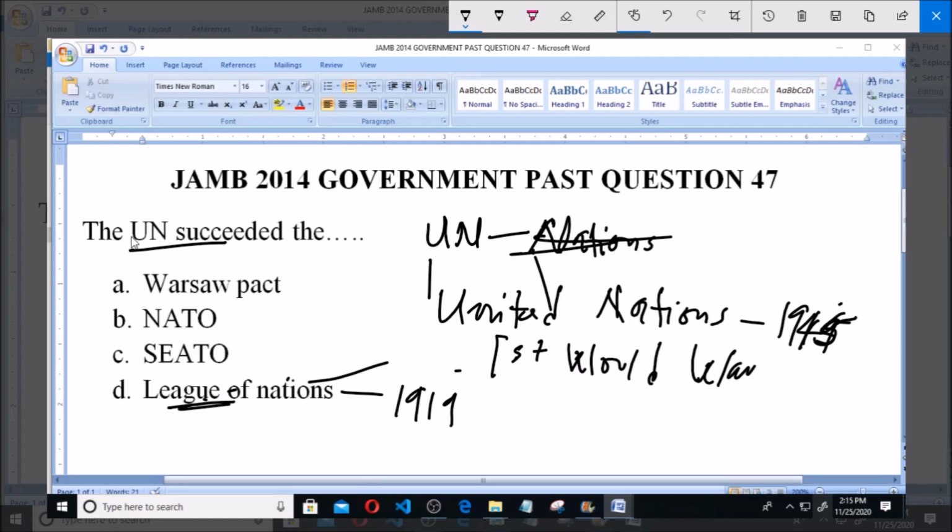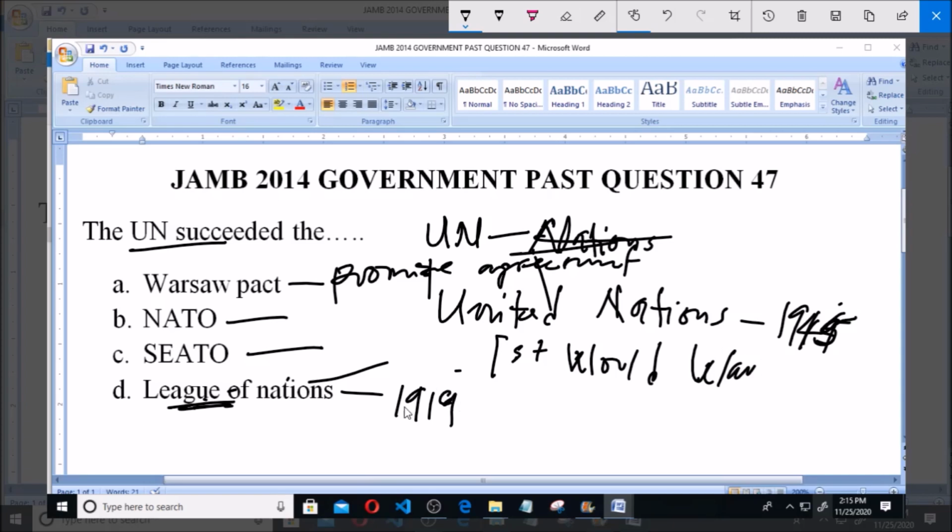So the UN succeeded League of Nations, not Warsaw Pact, which means promise agreement. They're not NATO and not C2, so it succeeded League of Nations.